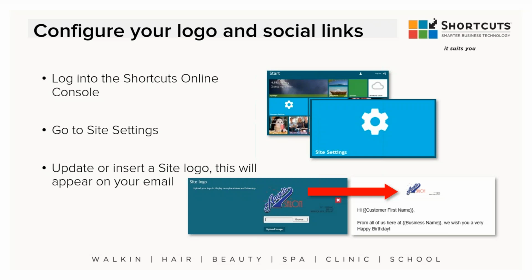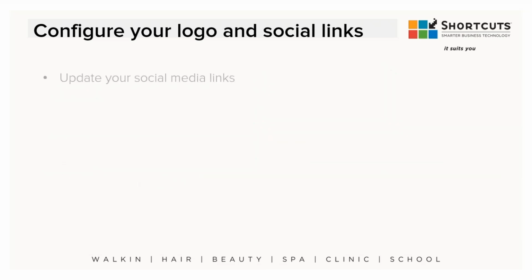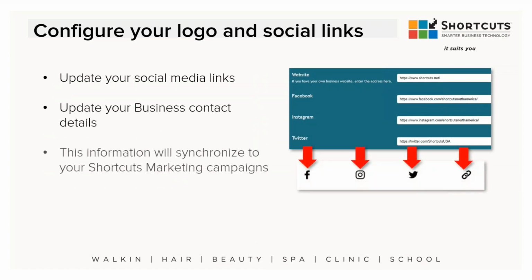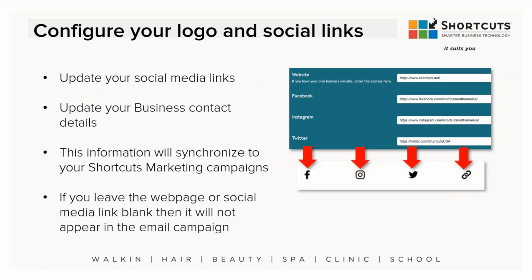And then after that, if you have social media, if you have a company website, then you want to add those links. So you're still in the site settings window, and if you scroll down a little, there'll be a place for you to put in your web page, Facebook, Instagram, and Twitter. And each one of those that you enter into the system will then show up as a corresponding button whenever you send out an email campaign.